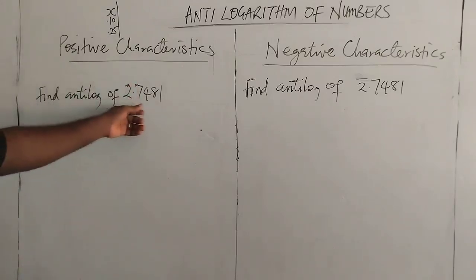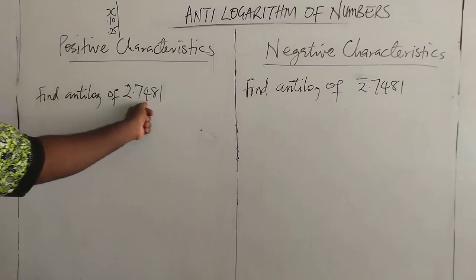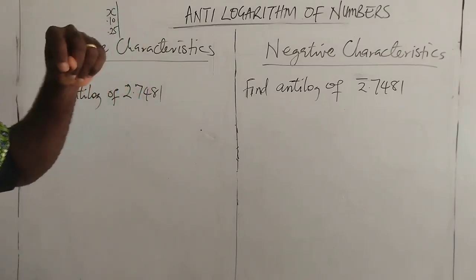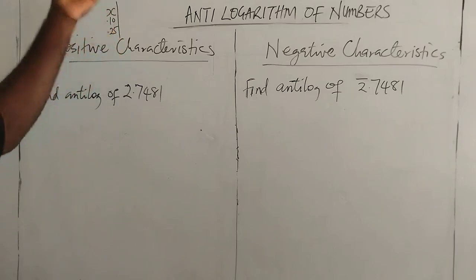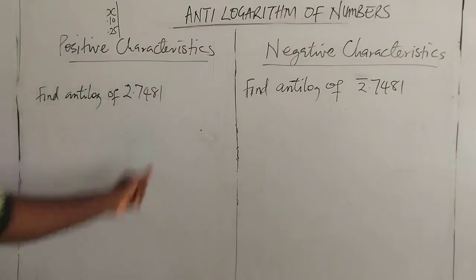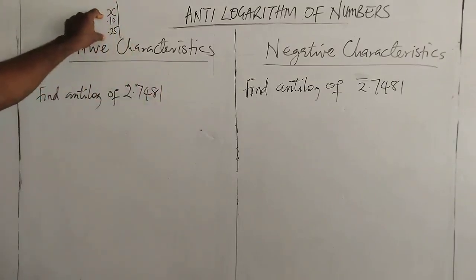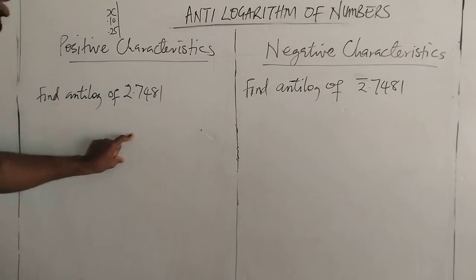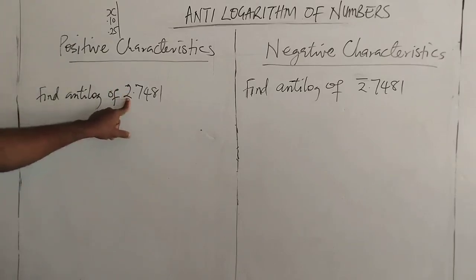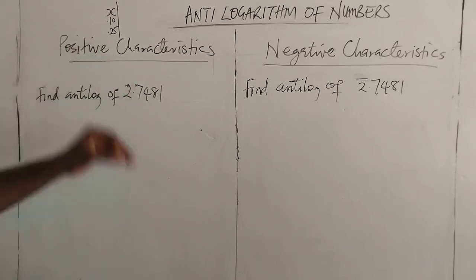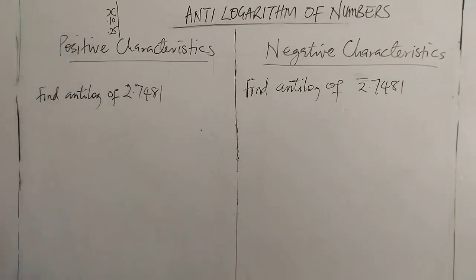So what does that mean? It tells you that what you use to read the antilog table is the mantissa part. The mantissa part will provide the value from the antilog table for us. Then the characteristic part will tell us the position of the decimal point in that number.